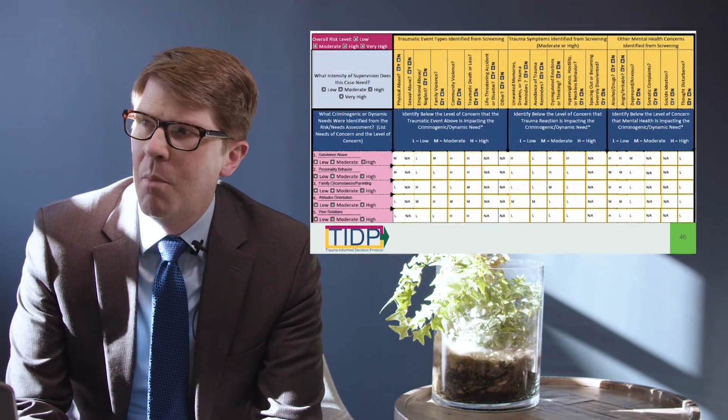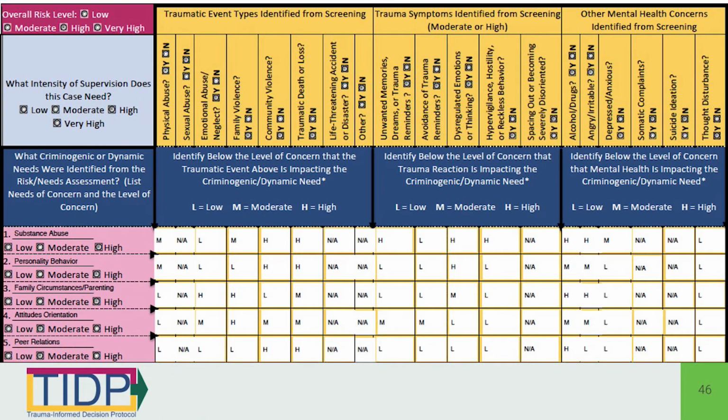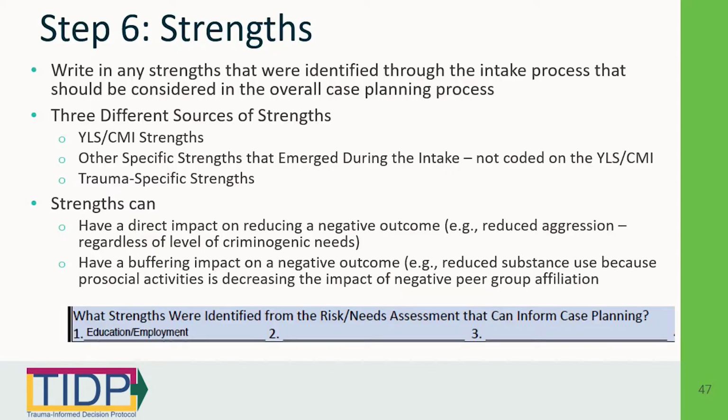Okay? It's plotting all of your level of concern ratings for every yes category across those 3 different areas. And we have a nice visual representation of your level of concern ratings at low, moderate, or high. Interspersed around this are the categories that are NA, which means that they weren't endorsed as well.